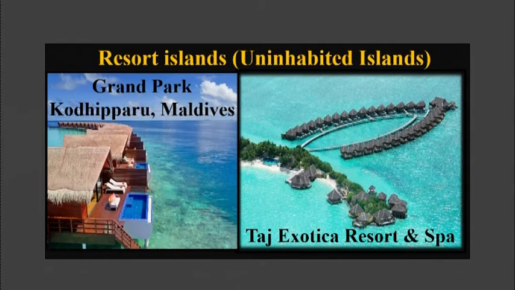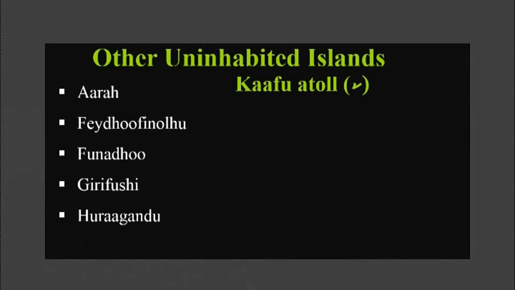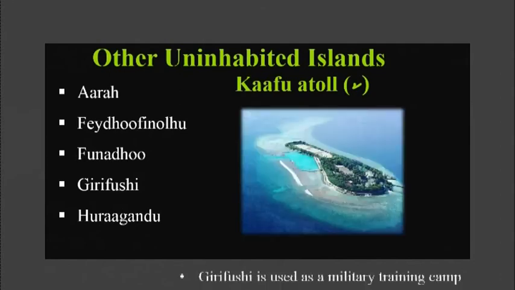Now I will be talking about other uninhabited islands in Kaf Atoll. They are Ara, Fedufinolu, Funadu, Girifushi, and Huragan. And Girifushi is used as a military training camp.